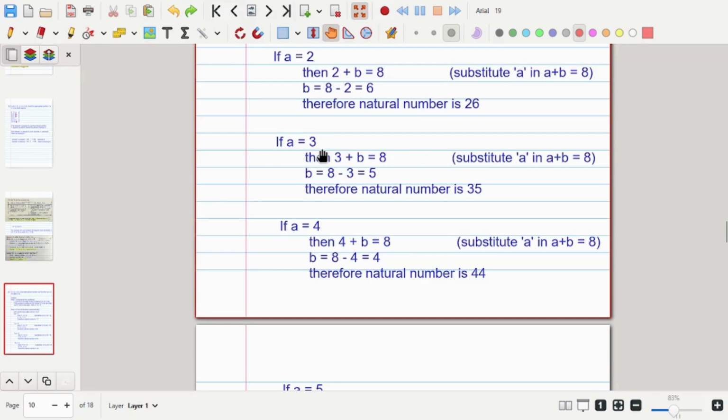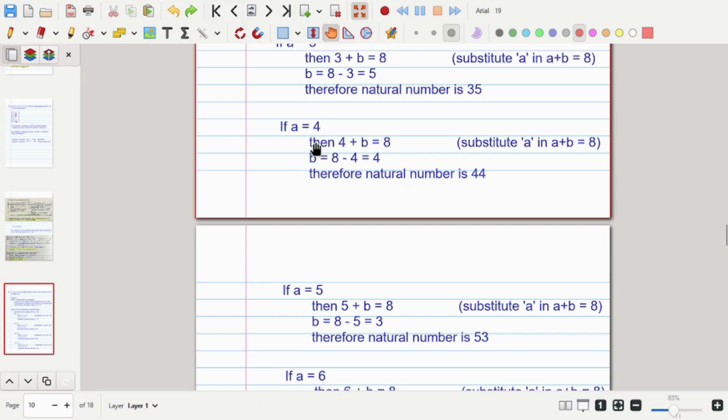If A is equal to 3 and we substitute it in the equation A plus B is equal to 8, then 3 plus B is equal to 8, so B is equal to 8 minus 3, which is 5. Therefore A is 3, B is 5, and the natural number is 35. If A is equal to 4, then 4 plus B is equal to 8, B is equal to 8 minus 4, which is 4.